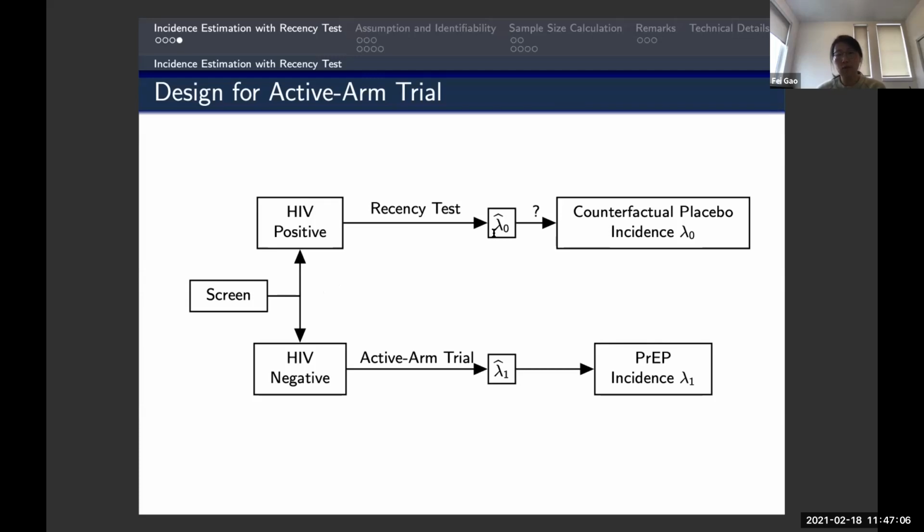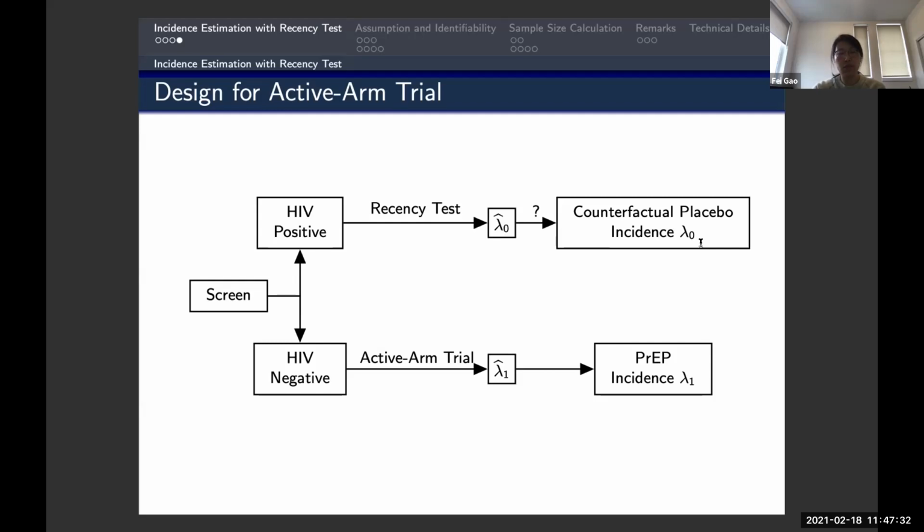Then a natural question would be, under what assumption can we link this lambda 0 hat with the estimand of interest? That is the counterfactual placebo incidence lambda 0, for the trial population who will be included in the active arm trial, their incidence if they actually receive no PrEP. So next, I'll spend some time trying to link this lambda 0 hat with lambda 0.